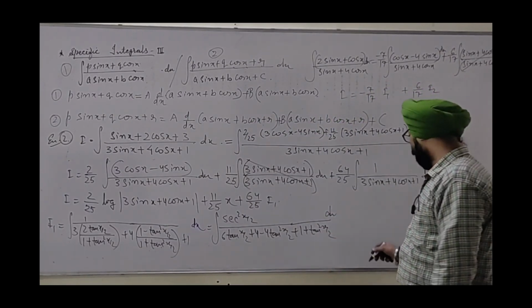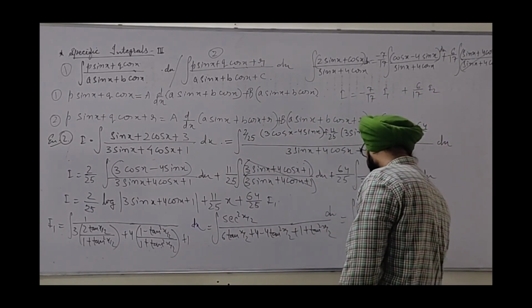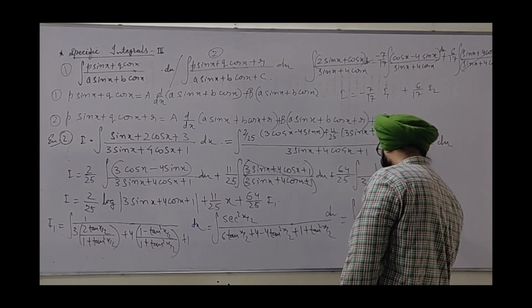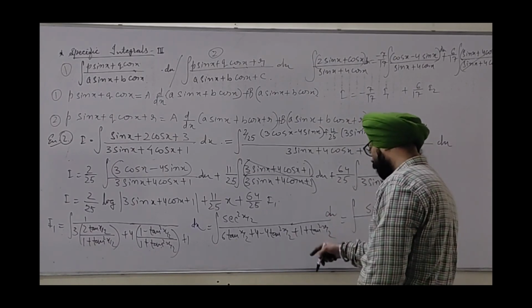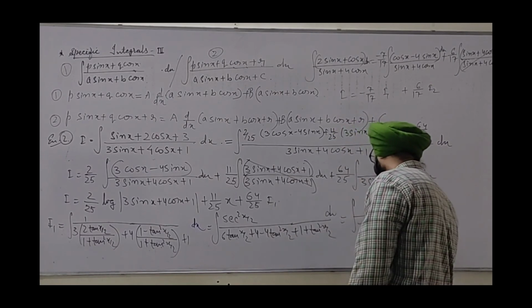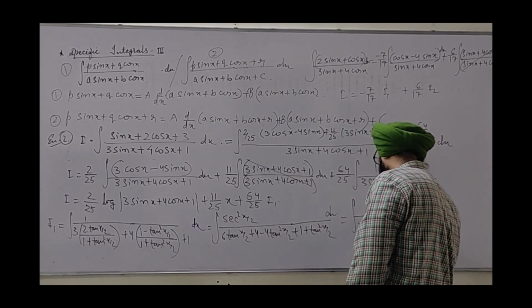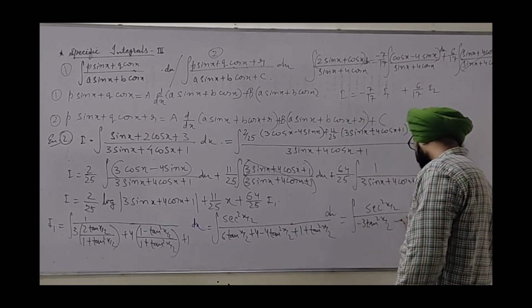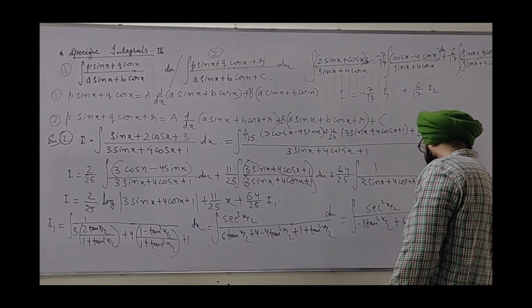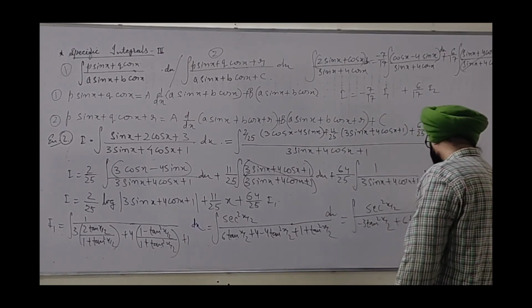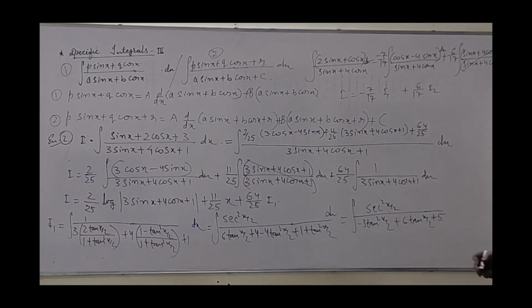Now simplifying further, we have sec square x by 2 upon minus 3 tan square x by 2 plus 6 tan x by 2 and 4 plus 1, 5.